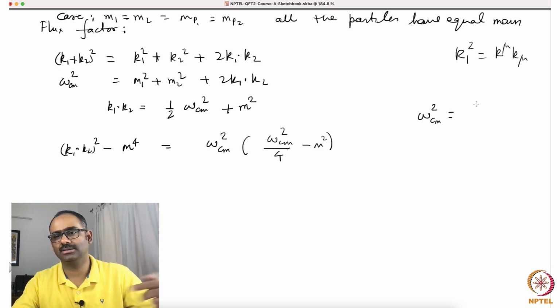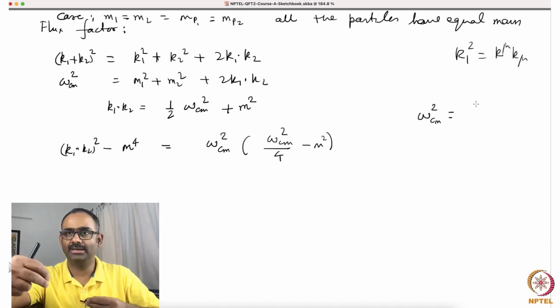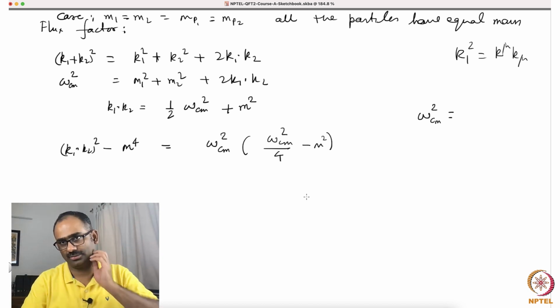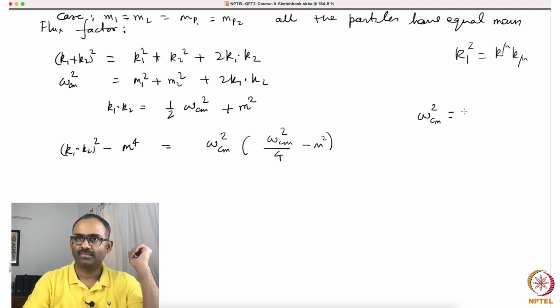Because all particles, the incoming ones, they have equal energies, they have equal masses, equal momenta, so equal energies, and similarly for the ones going out, they have equal momenta, the magnitude of the momenta is same, but they are also carrying equal masses, so the energies are also equal. So it is twice the energy of P1.